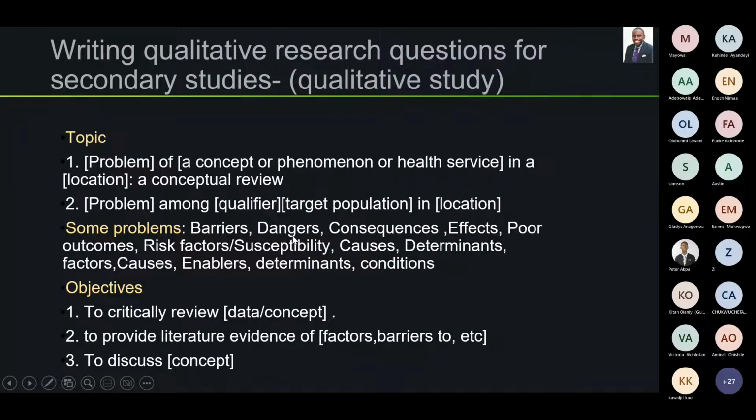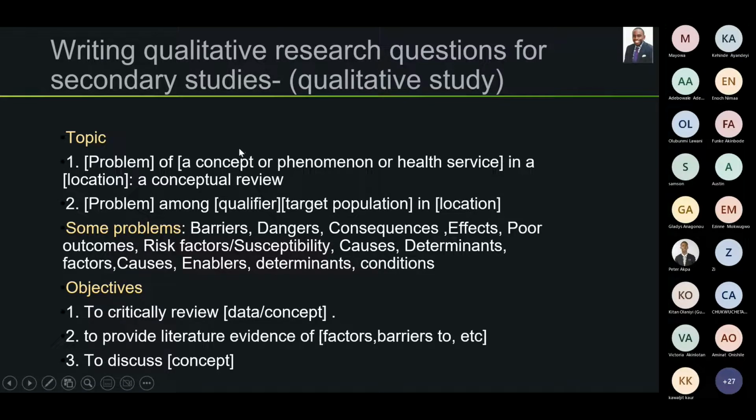So you can look at barriers, and under this problem, these are just examples: determinants, risk factors, causes, enablers of a particular problem among a particular place, and a conceptual review. Because you are not doing a systematic review, you do not say a systematic review.